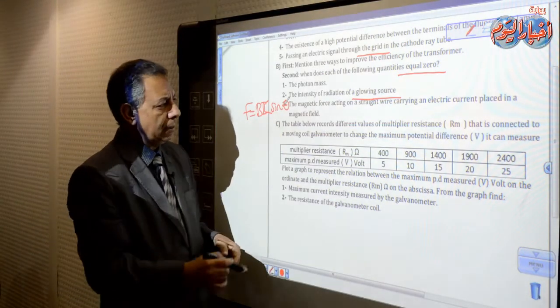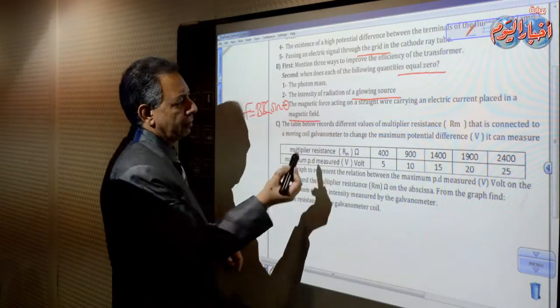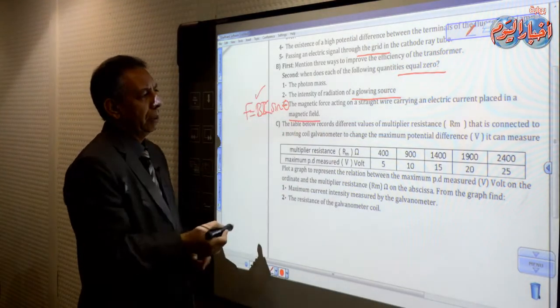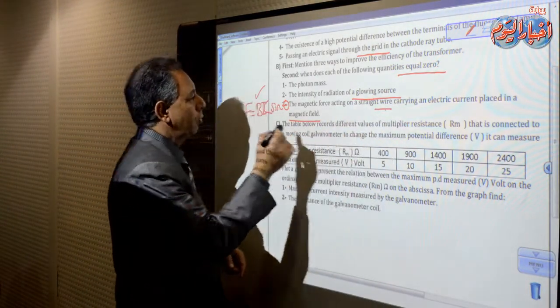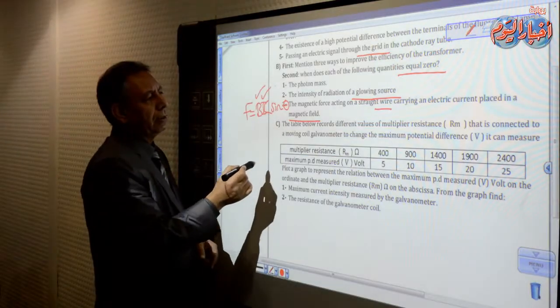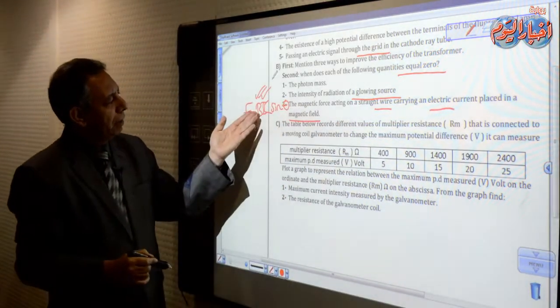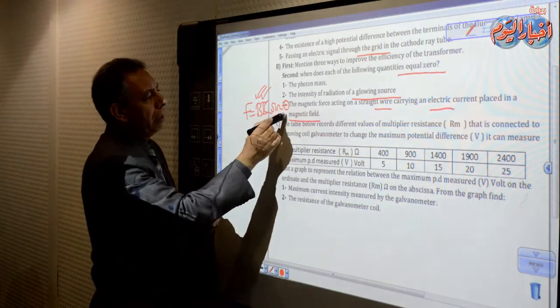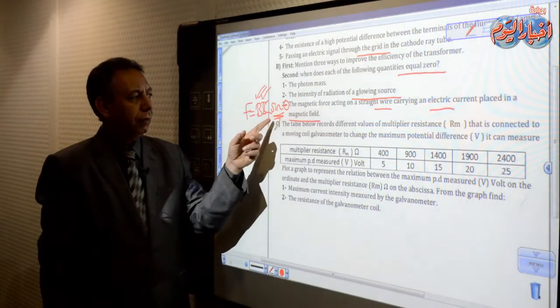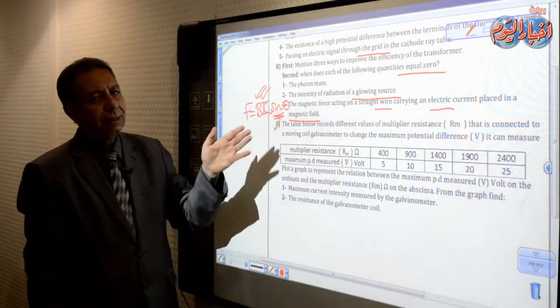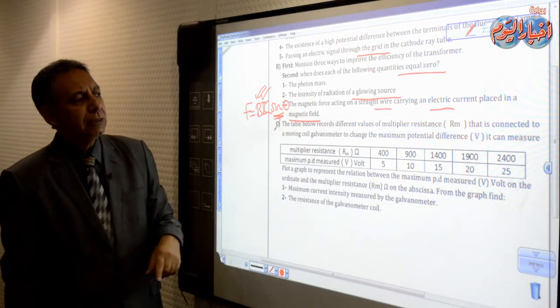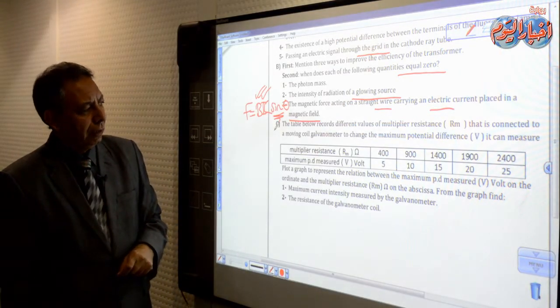In that statement, there is a magnetic field, so there is B. There is a wire, so there is length. There is a current, so there is I. So we have BIL. The only possibility here is sine theta equals 0, and that happens when the wire is placed parallel to the direction of magnetic flux.